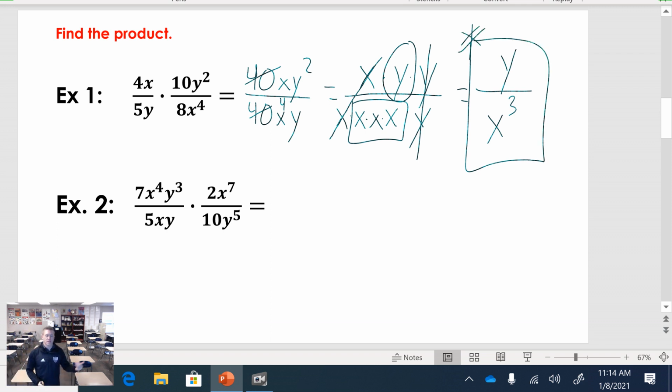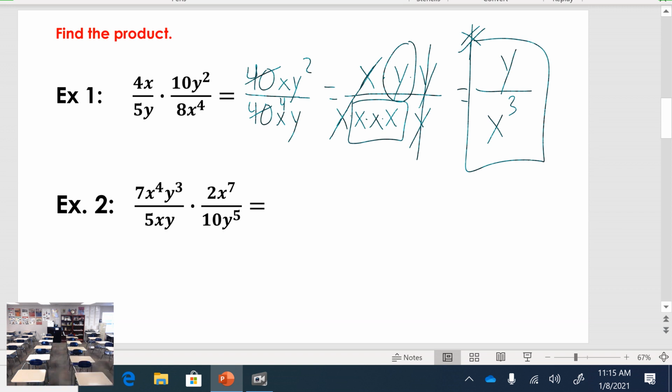So when you do these, that is one way, is just to multiply all the way through. That's the way I would recommend, just because it keeps everything nice and condensed. You can try to simplify diagonally before you begin, or even in one numerator and one denominator of your first or second fraction. But we're going to just stick with multiplying our way through.